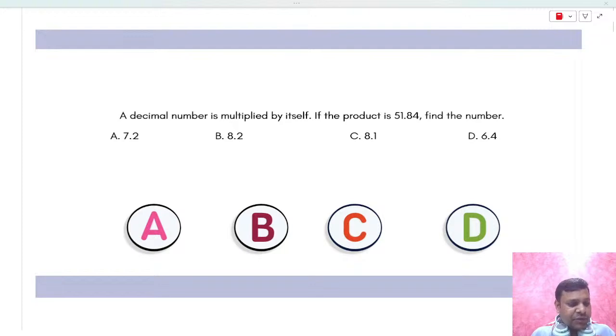But this is not in the option. 25.62 is not in the option. Arsab Gupta: 7.2. Yes, 7.2 is the answer. Very good, Arsab.